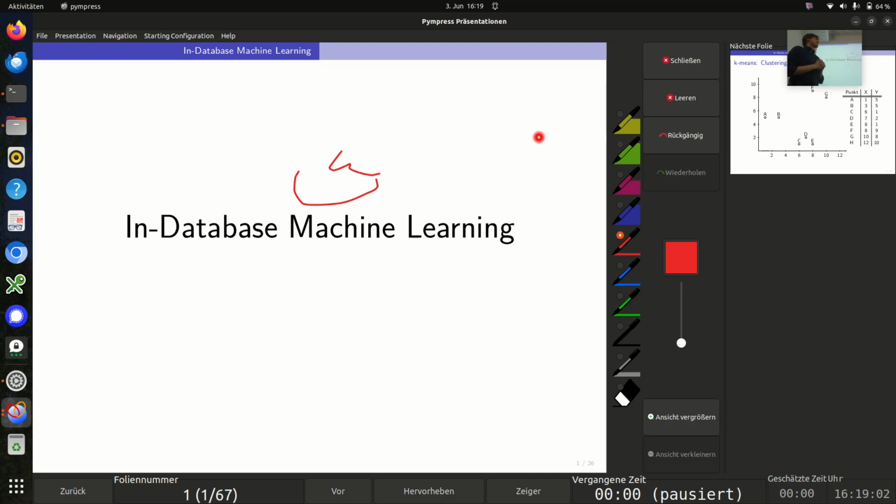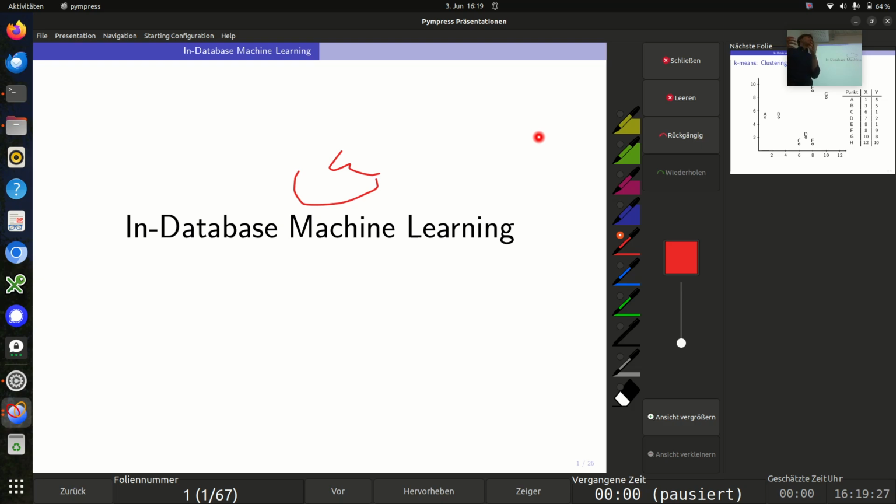So what I'm going to talk about is, first I want to show you some data mining algorithms. Then I will show you how data mining algorithms can be done in SQL. So with all the SQL knowledge you have, how can we code those data mining algorithms? And then I will go on about machine learning, so some basic things about automatic differentiation and gradient descent.